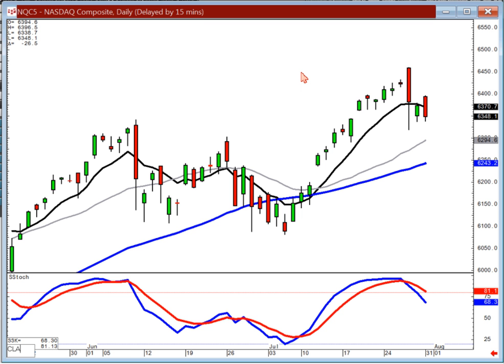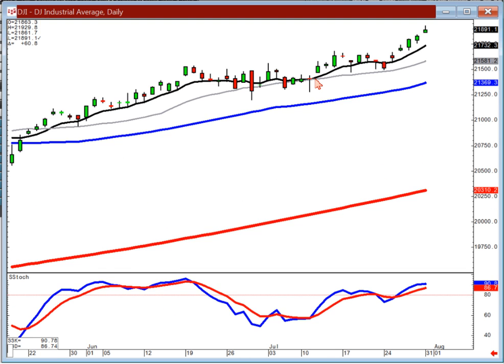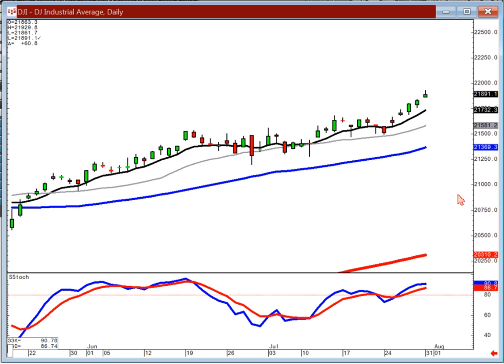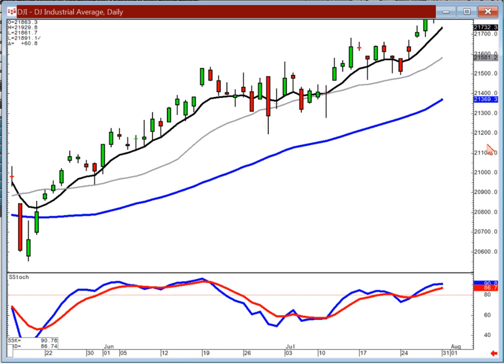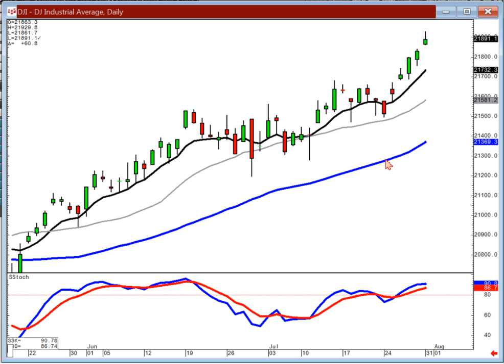The Dow is extremely misleading with this action. You've got to remember, let me go backwards here. Remember, the NASDAQ was going up a while back. At the same time, the Dow was drifting lower.